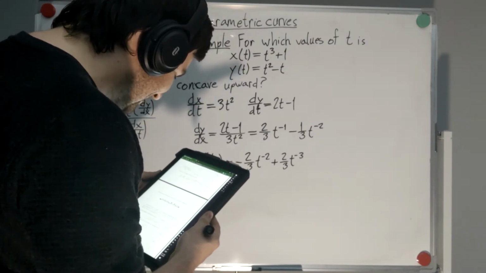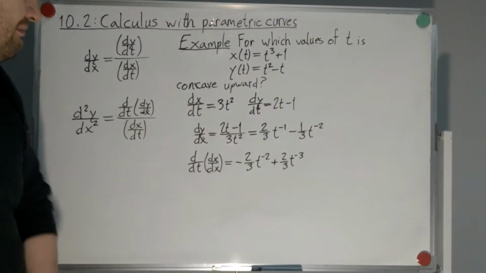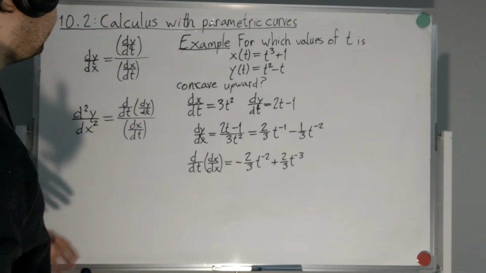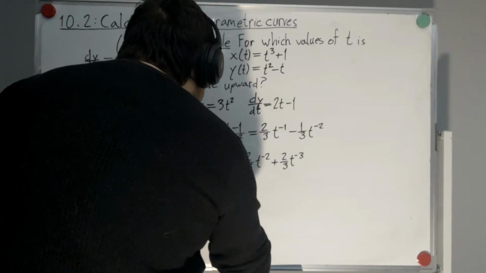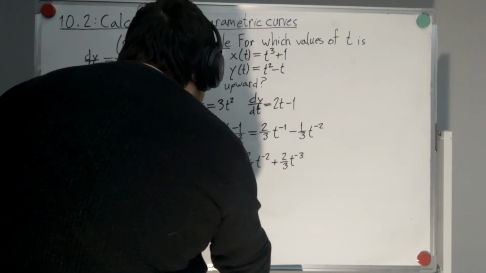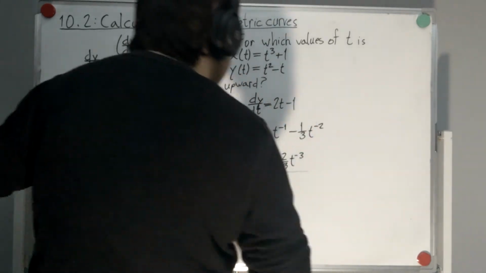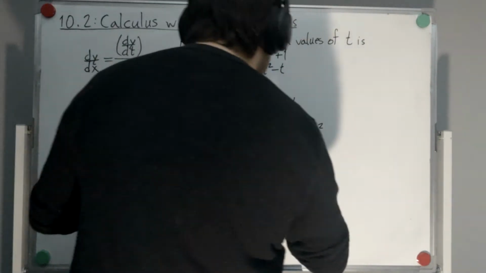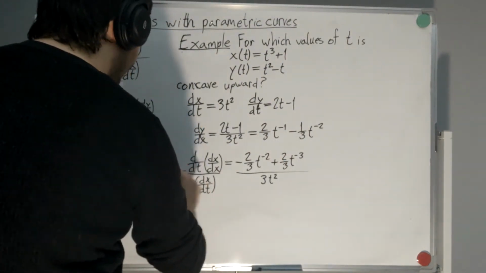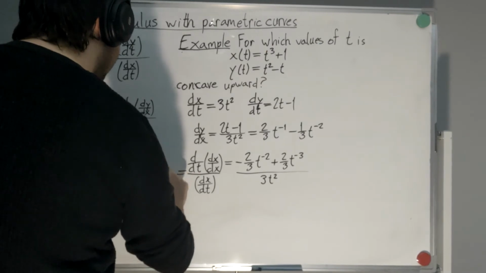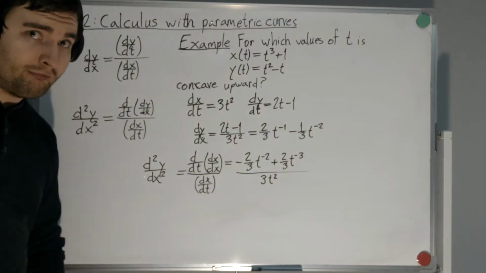I think it does. Okay. So now we just need to take this and divide it by dx dt, that's 3t squared. And this ends up being d squared y dx squared.